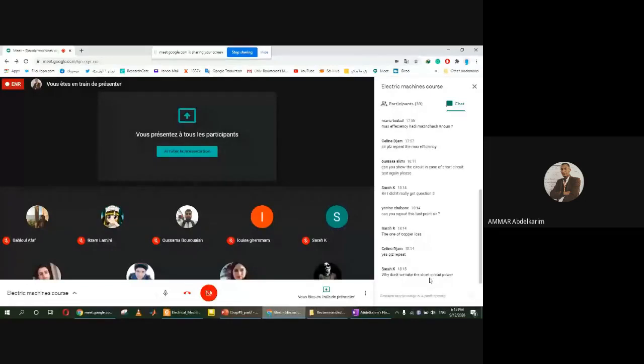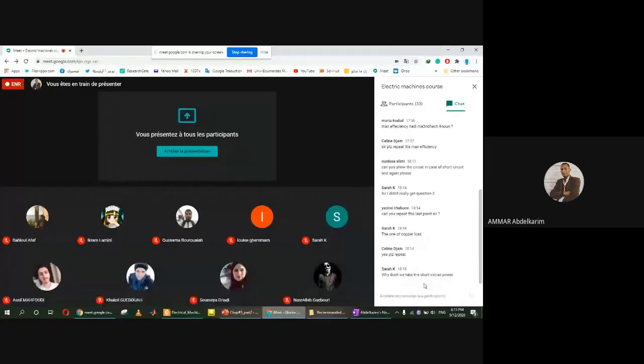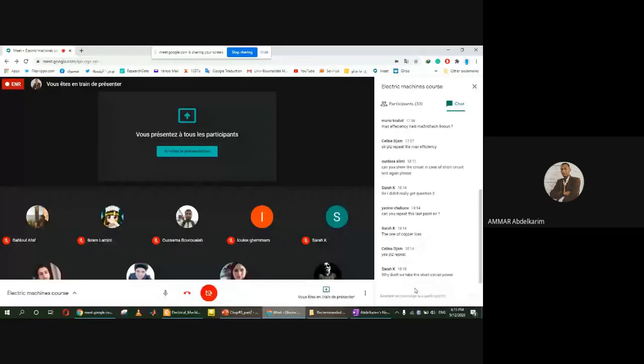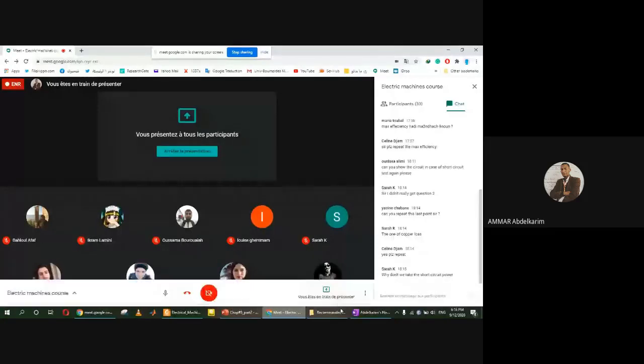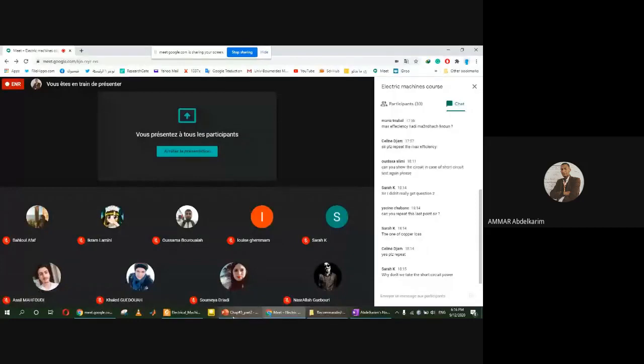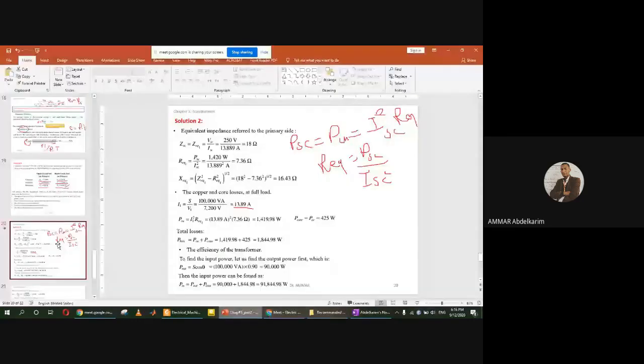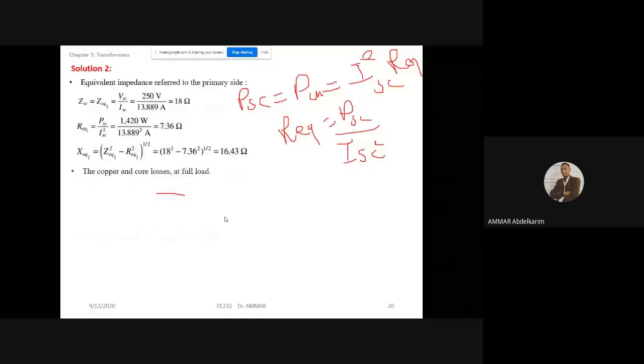Okay, I said we didn't have because we have R. We calculate again the copper losses. If we don't have R equivalent or I equivalent, we can take directly the short circuit power. It's almost the same, the same thing with the current.